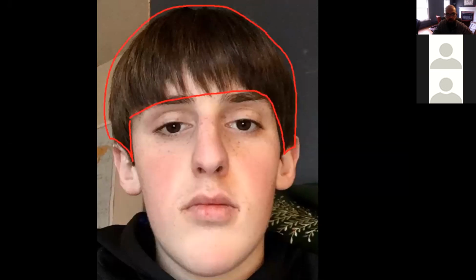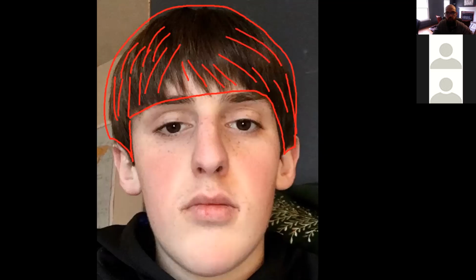So you would have something like this that you would trace, and then you could put in segments of hair that went like this. This would probably be a lot of lines, but if you wanted to give some sort of hair texture, you could do something like this.